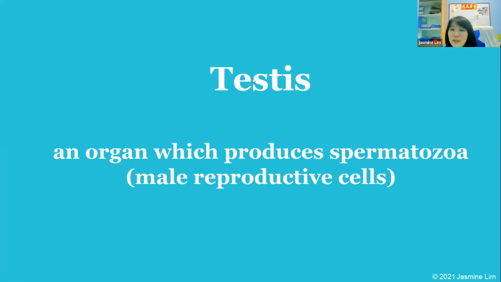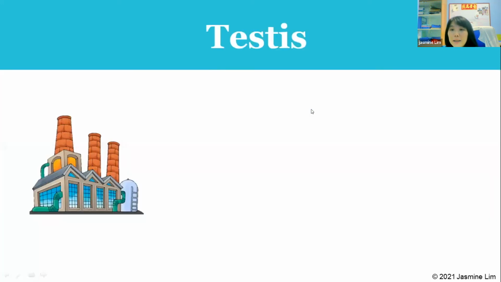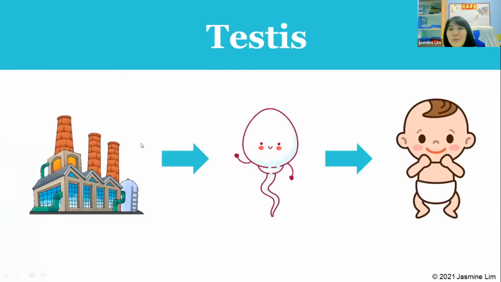If you are facing the general public, I will do it a different way. I will say that the testis is a factory producing a product called sperm, which is also involved in making babies. So you can see the difference in the language we have to speak for different audiences: the general public, your scientific communities and your clinical communities.